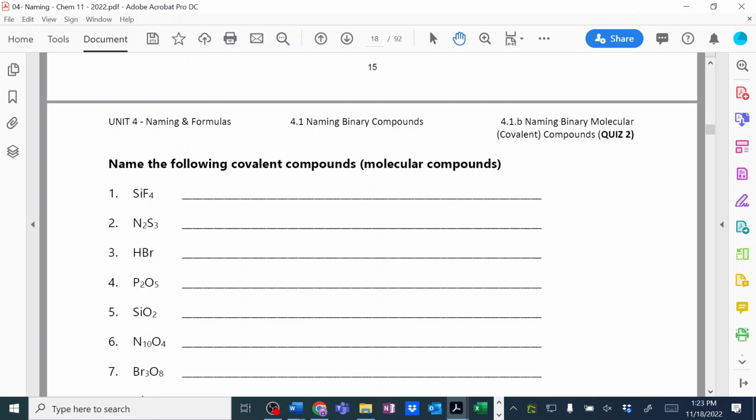So you don't want a 1B unless you're retaking. You would go to 2A for the next quiz, right? Does that make sense? Okay. Yeah, B is the same difficulty, just different compounds.